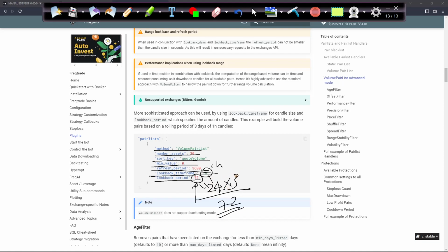And so what it is basically saying is that this example will build the volume pairs based on a rolling period of 3 days of 1 hour candles.